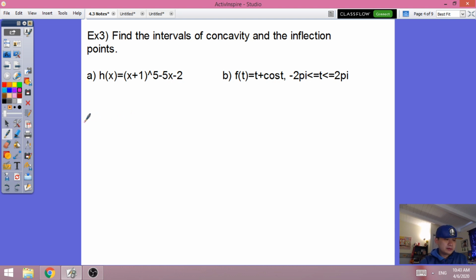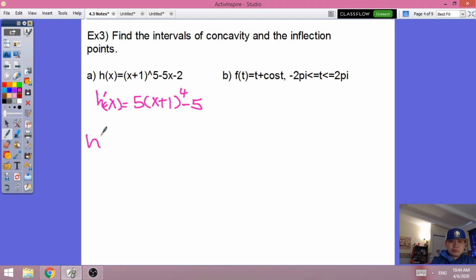So let's find the first derivative, h prime of x. We do have 5 times the quantity x plus 1 to the power of 4, minus 5. And the derivative of a constant is 0, so no need to worry about that.